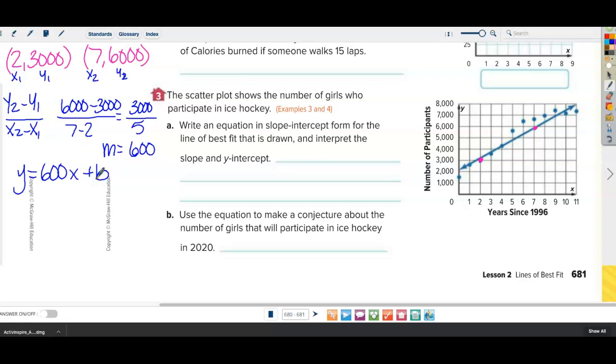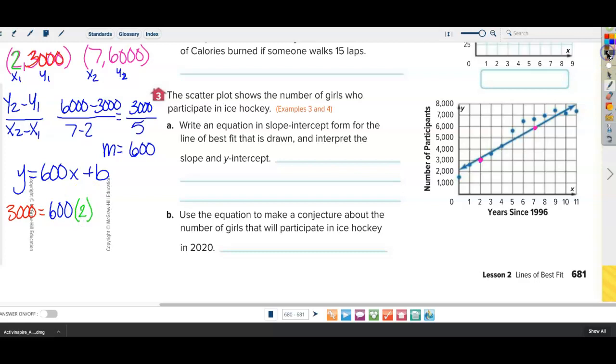Okay, then my next step is going to be to pick a point and substitute it in for x and y. So this is going to be my x, and this is going to be my y. So in place of y, I'm going to write 3,000 equals my slope, which is still 600, times my x value, which is 2.